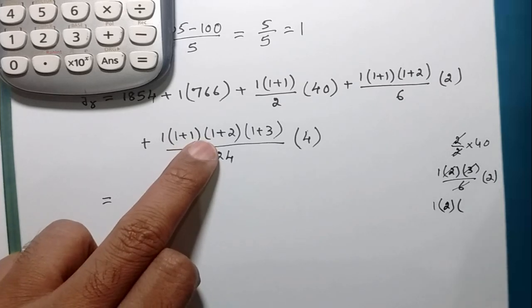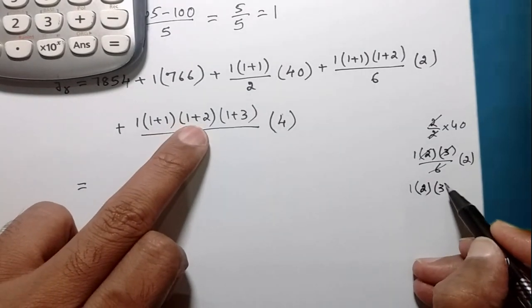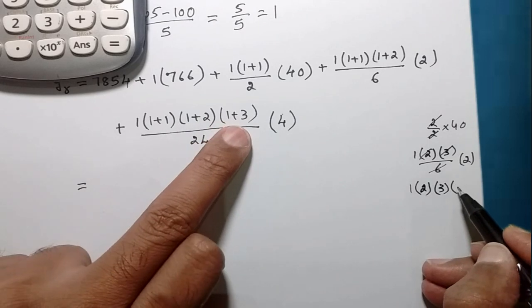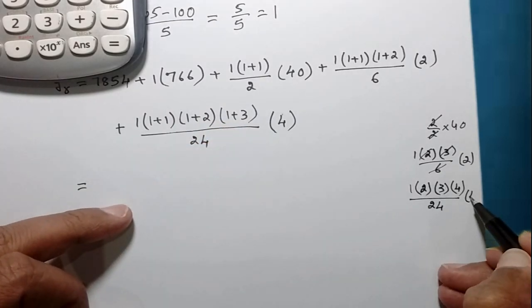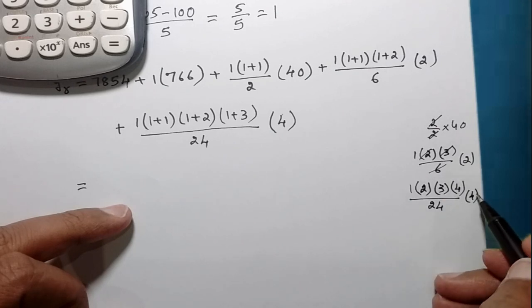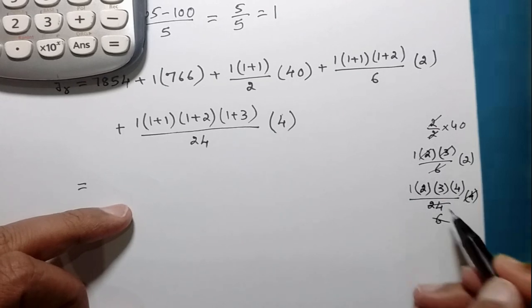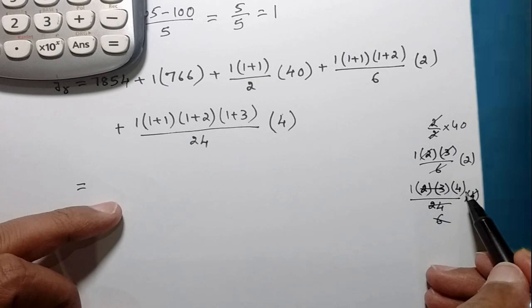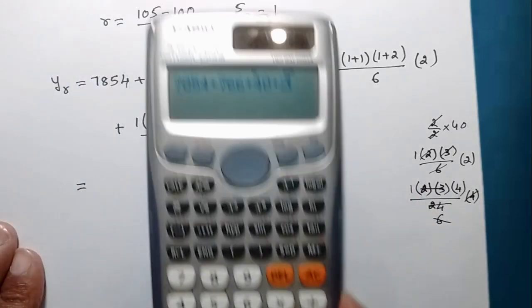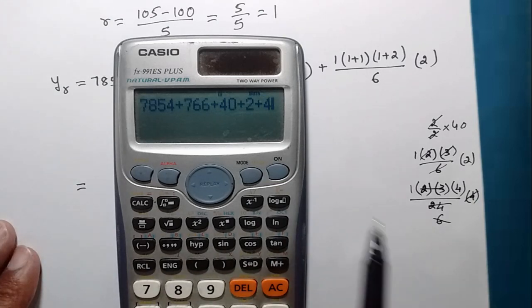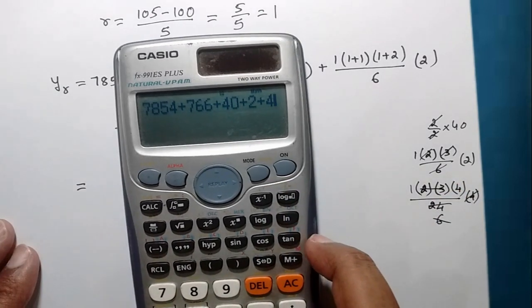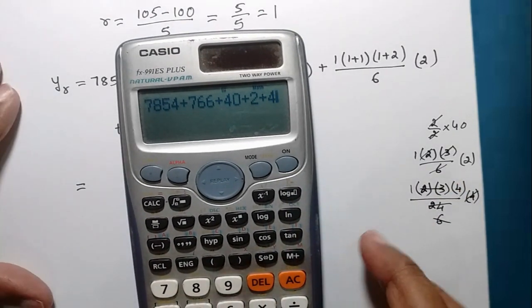Here 1 plus 2 is 3 into 1 plus 3 will be 4 divided by how much? 24 into this 4. You just cancel out 4 1 times, 4 6 times, 6 6 times. Only 4 will be left out. So plus 4. So it is left to you.